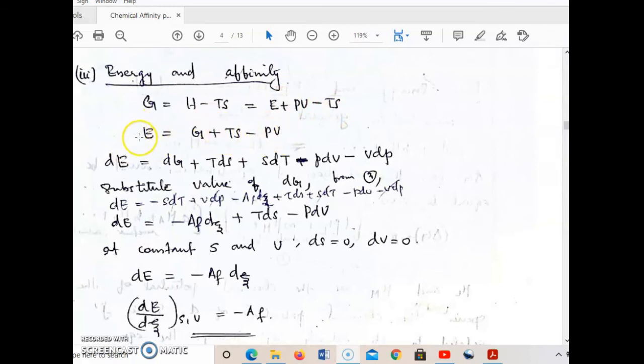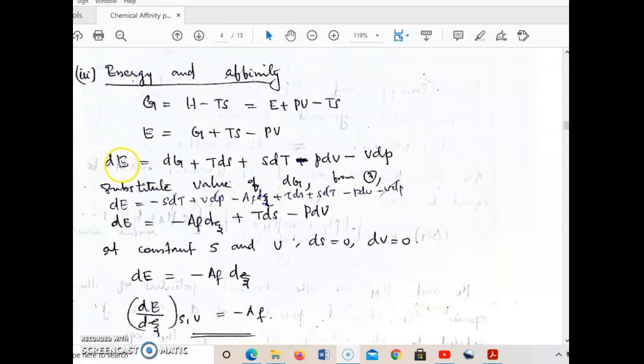Now we have to check what happens when there is an infinitesimal change in internal energy E. So dE is equal to dG plus TdS plus SdT minus PdV minus VdP. We have to differentiate each and every term. Okay. And now we can substitute from equation 3 the value of dG, right? The value of dG is minus SdT plus VdP minus AF d theta.